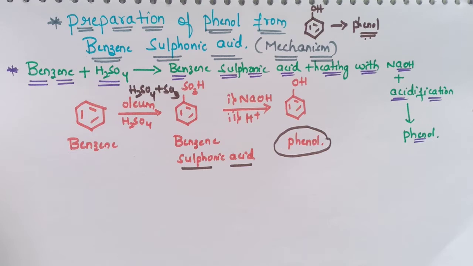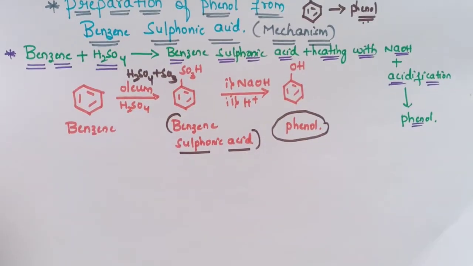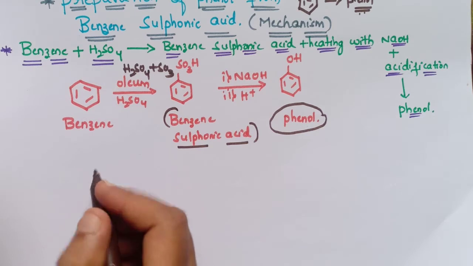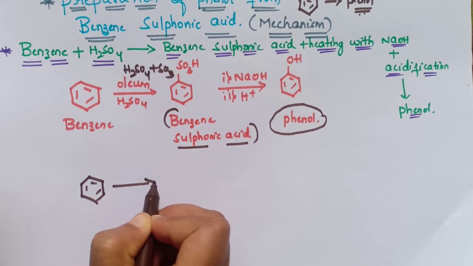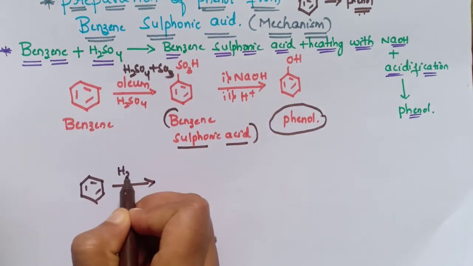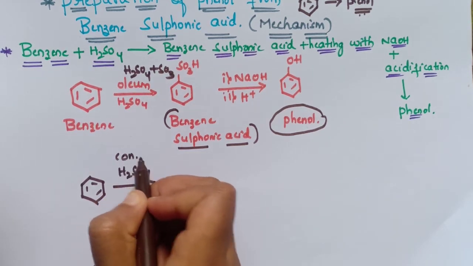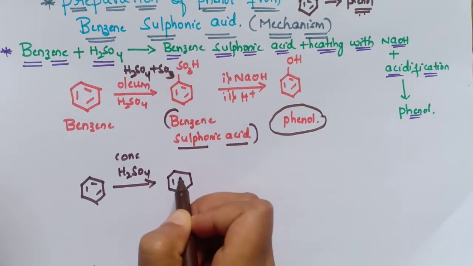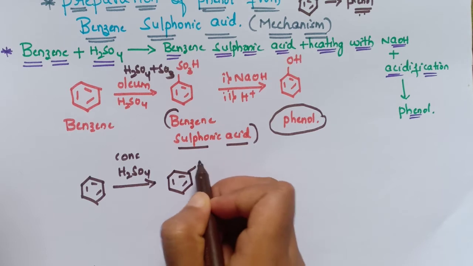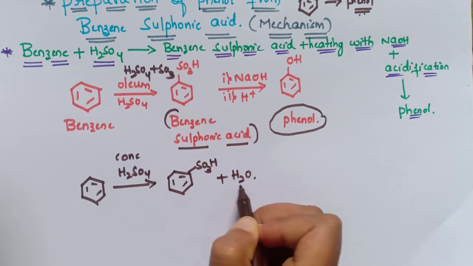In this reaction, the first and foremost thing we need is benzene sulfonic acid. How is this prepared? Now let us see about this. When benzene is treated with H2SO4, concentrated sulfuric acid, we will get benzene sulfonic acid, and the formation of water takes place.